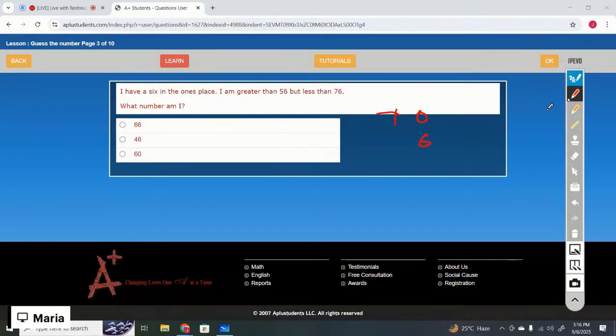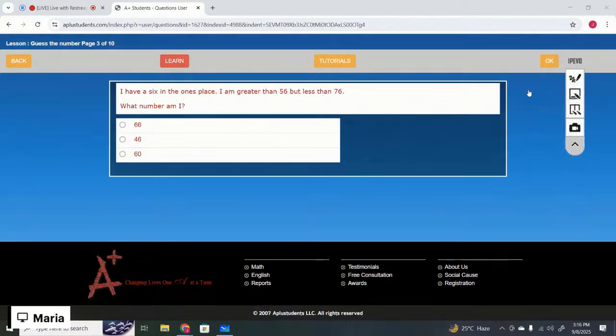That is 66. Option number 1 is the correct option because the rest of the numbers do not have 6 at the ones place. Like 70 is between 56 and 76, but it does not have 6 at the ones place. So 66 it is. Option number 1 is the correct option.